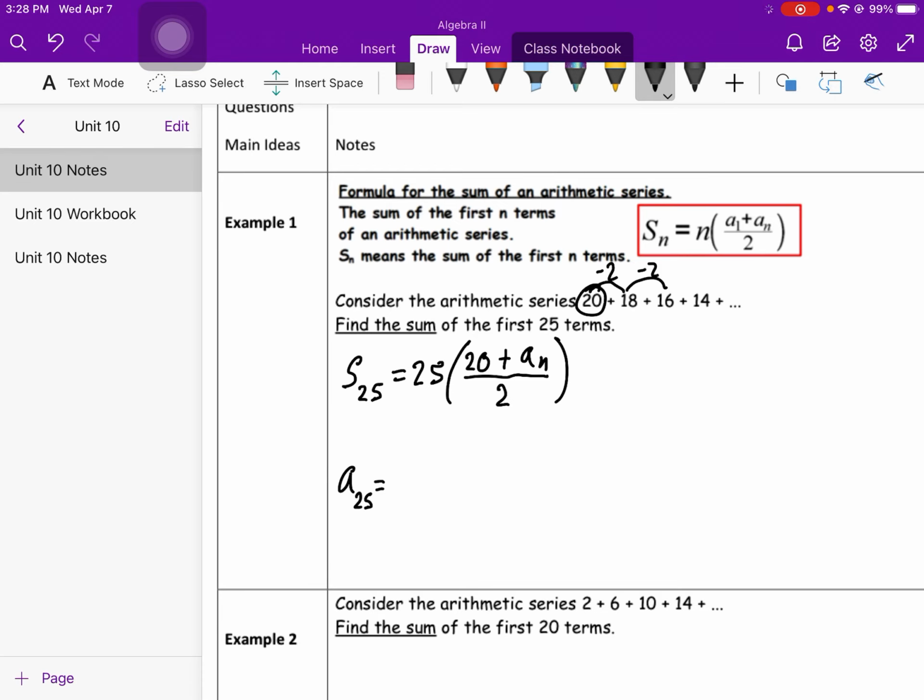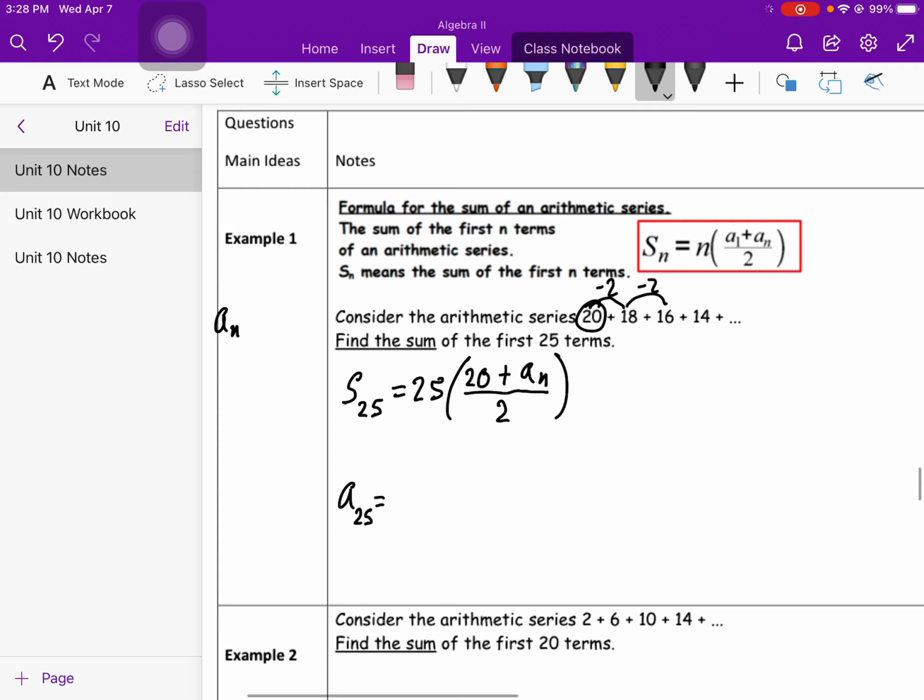And remember that the general formula, I'll write it off to the side here, a of n equals d times n plus a of 0. So the common difference is going to be negative 2. The nth term is going to be, our n value is 25, and then we need to solve for a of 0.